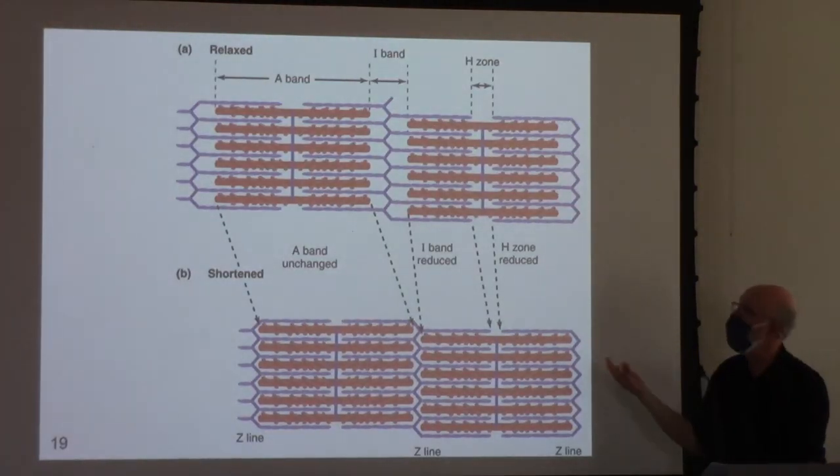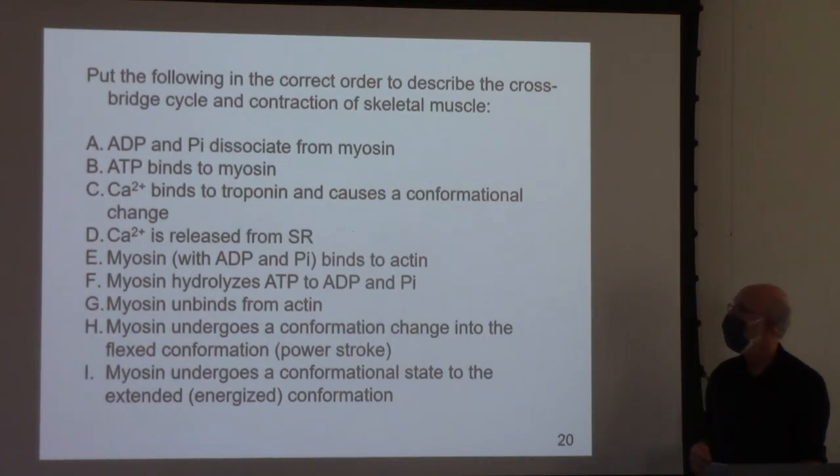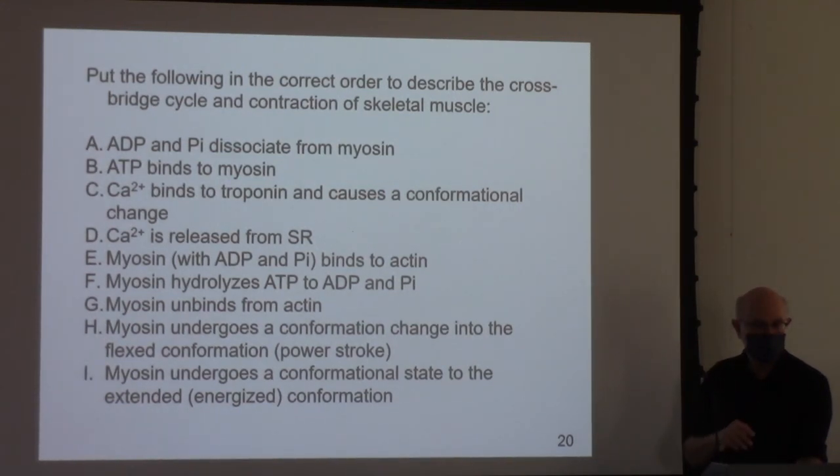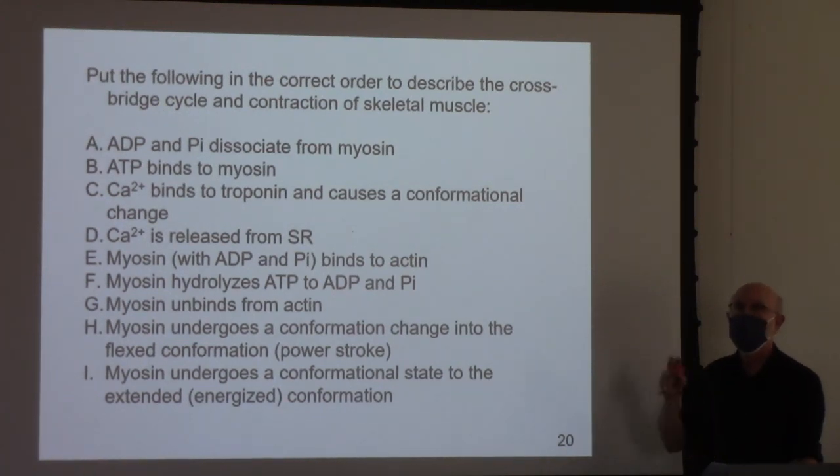I'm asking you to use words to put them in order. I'm going to go real quick through the next slide because it's got the answer, but do this as homework. Put the cycle in order. And since it's a cycle, you can start anywhere. Start with any letter and then run the cycle.